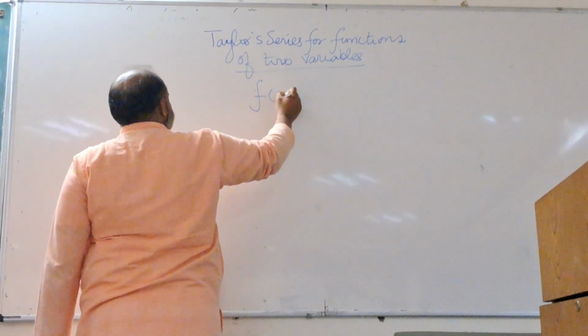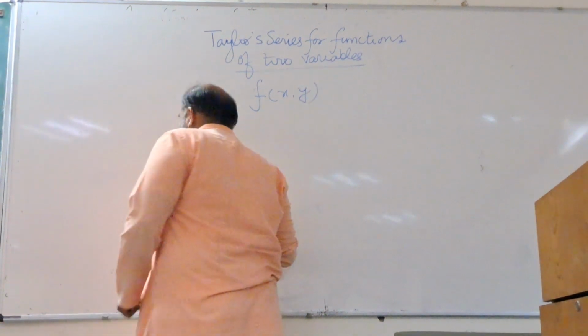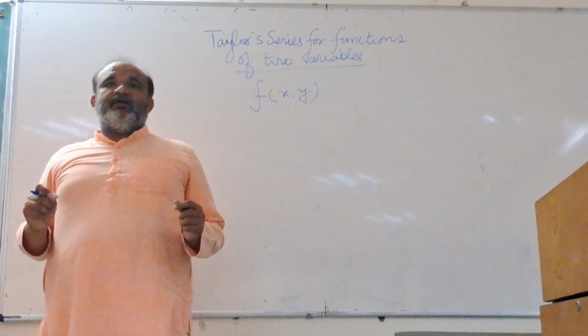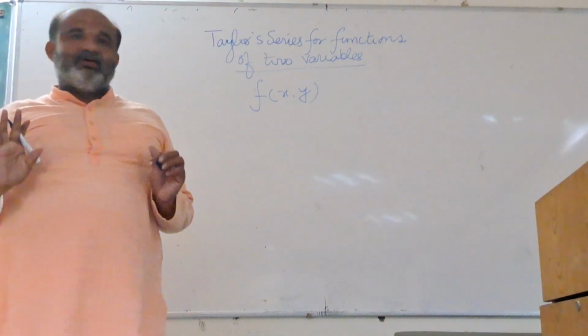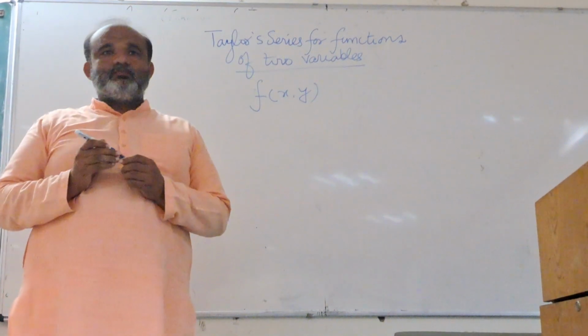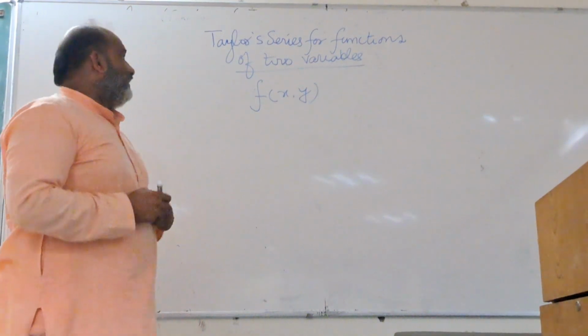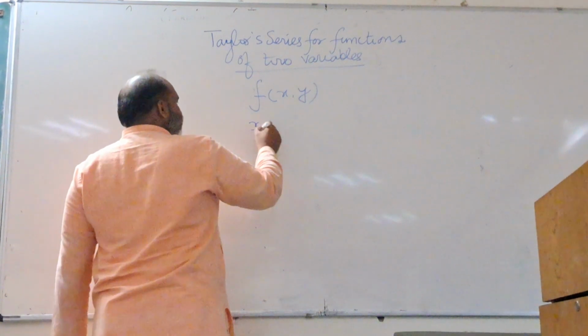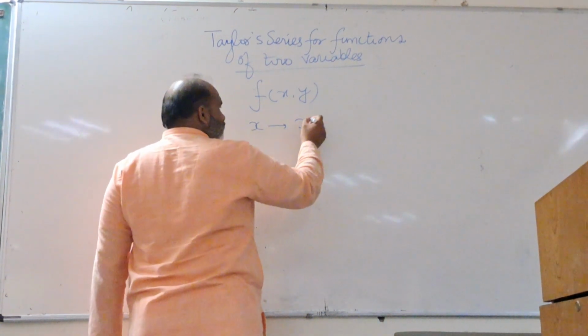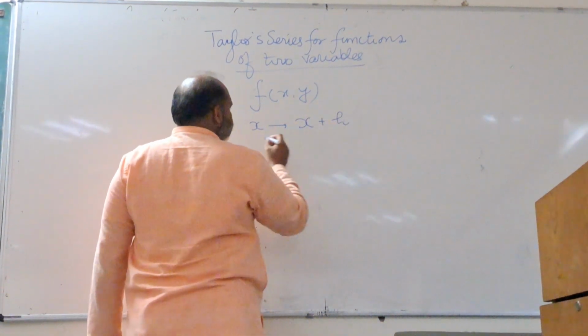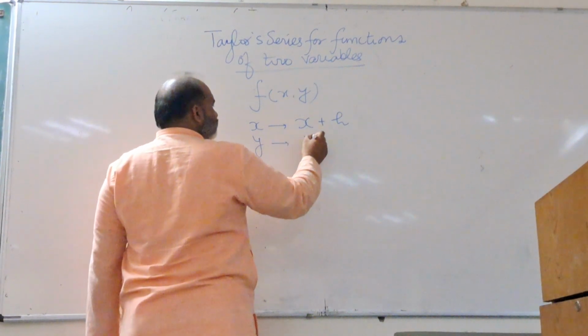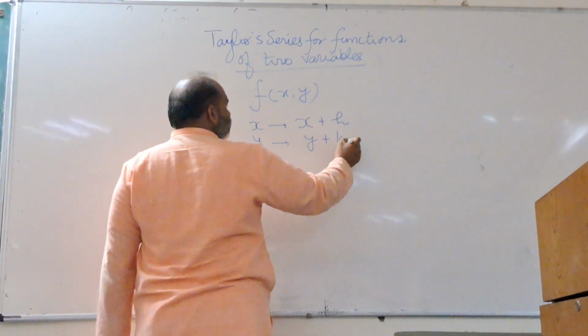Okay, so let me have the function depending upon x and y. x and y are two independent variables. Now let the value of x be changed to x plus h and the value of y be changed to y plus k.